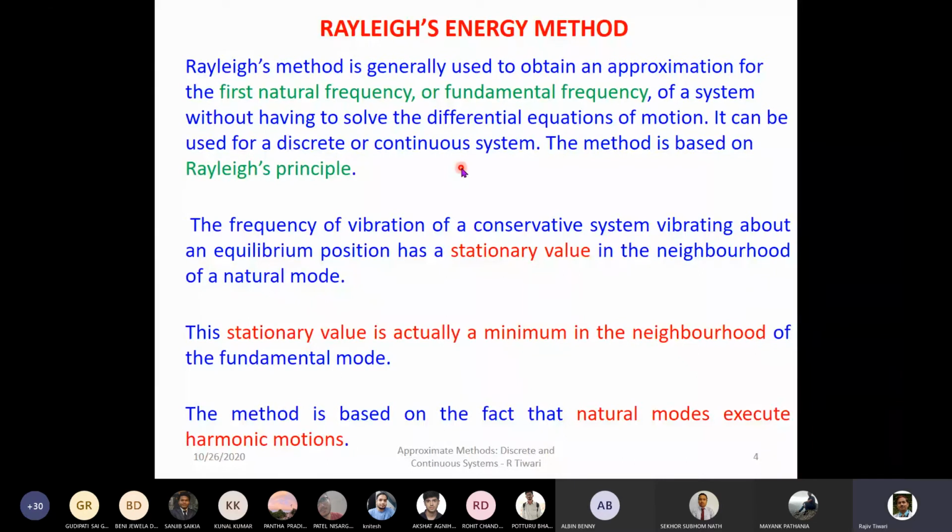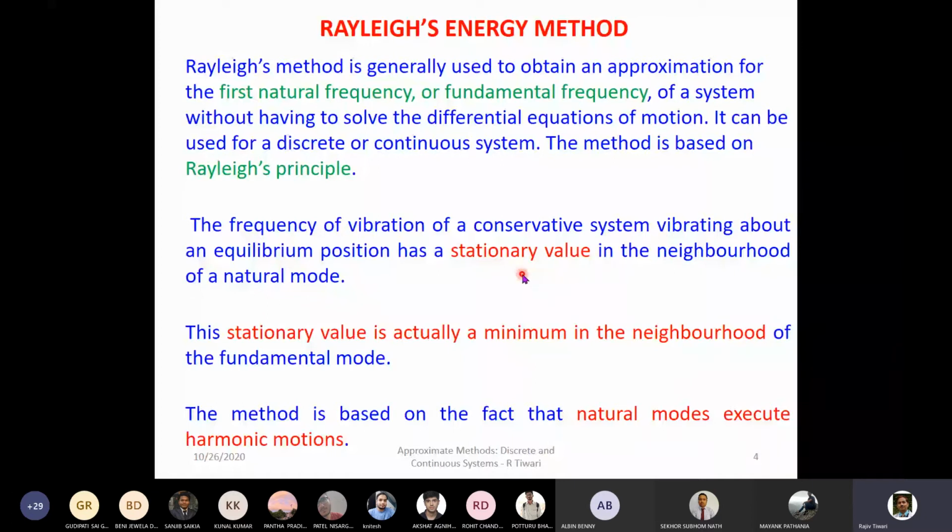When we are talking about a conservative system vibrating about the equilibrium position, we assume that when the system is vibrating at its natural frequency, the motion is always harmonic, and this natural frequency has a stationary value.